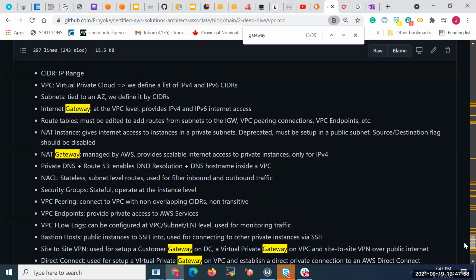And I'll go through some compare and contrast with you. For example, how a network access control list is different from security groups, so that you have the compare and contrast for later. And actually, these concepts are very important for you to remember when you do the exams.